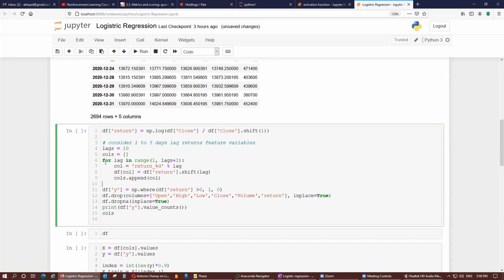By doing this, we prepare the 10 feature variables, the log returns of the last 10 days.